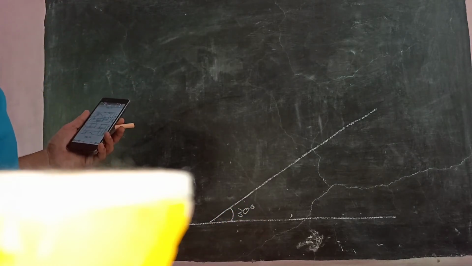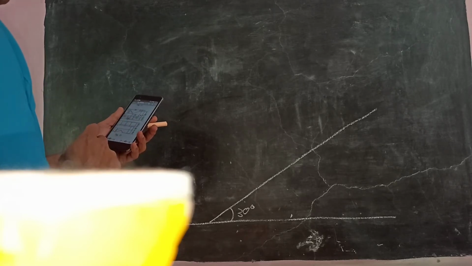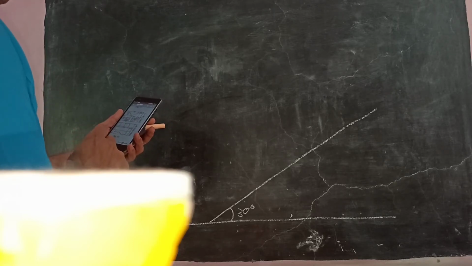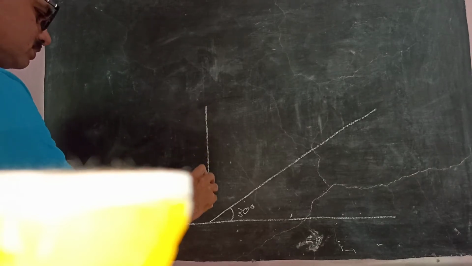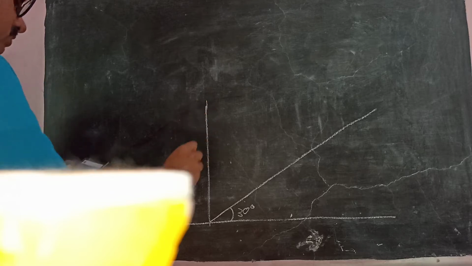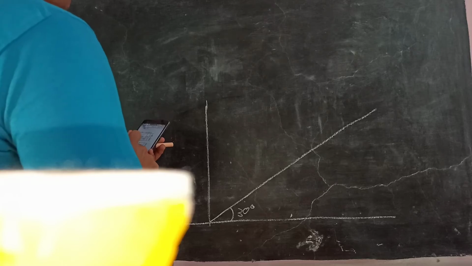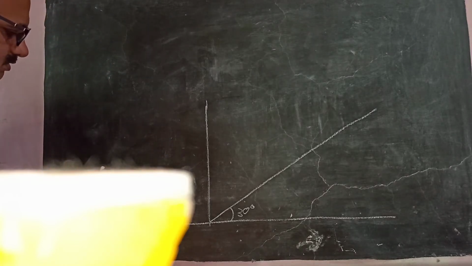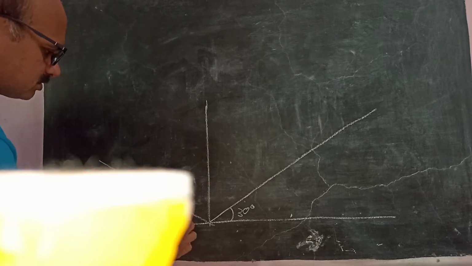Then the height is 16 plus 26, that is 42. So height is 42. And the width is 16 plus 16, 32 plus 18, that is 50. So the width is 50. So this is also at 30 degrees.